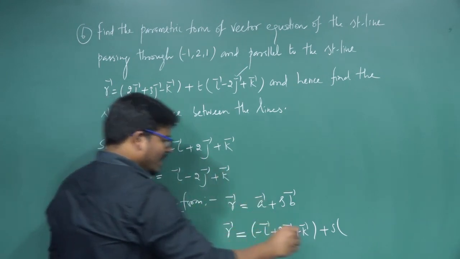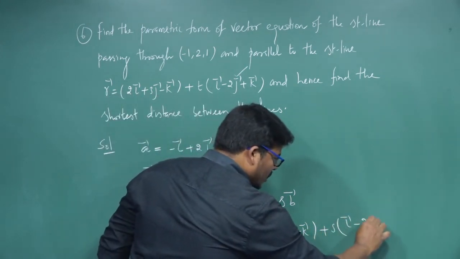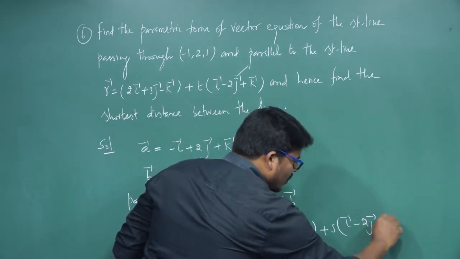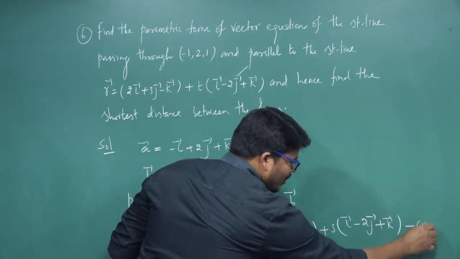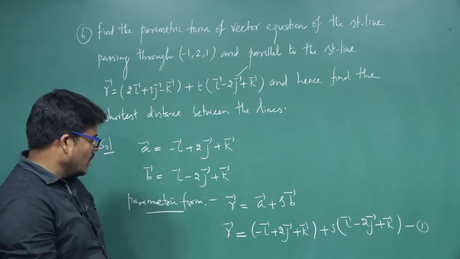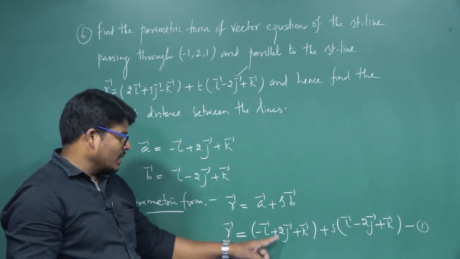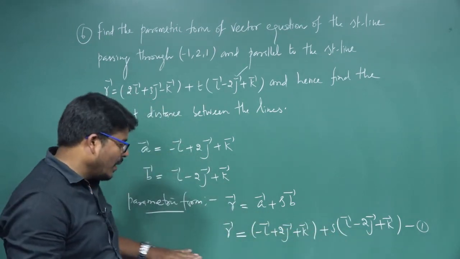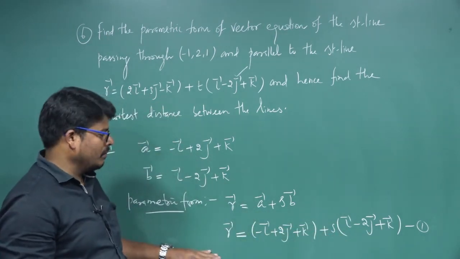Here B vector is i vector minus 2j vector plus k vector. This is equation number 1: r vector equal to minus i plus 2j plus k plus s of i vector minus 2j plus k vector. That is the parametric form of the vector equation.